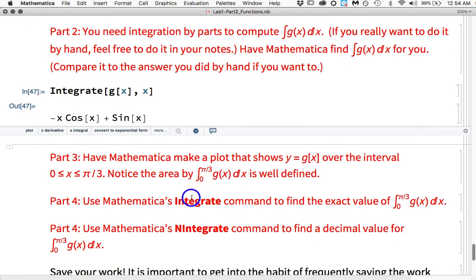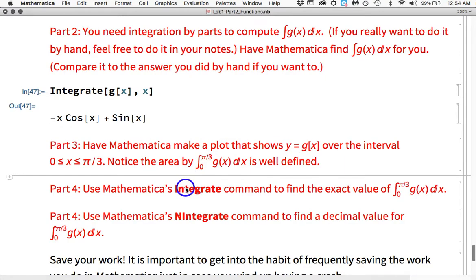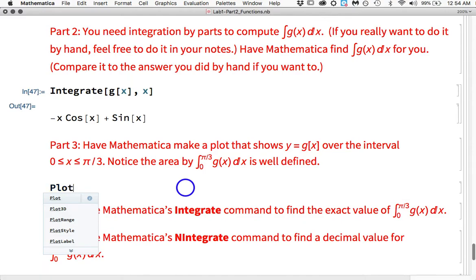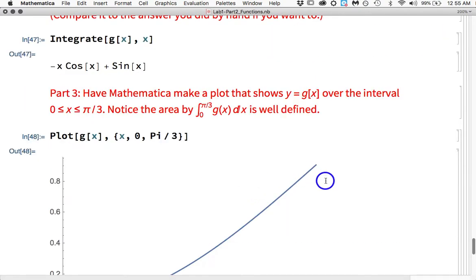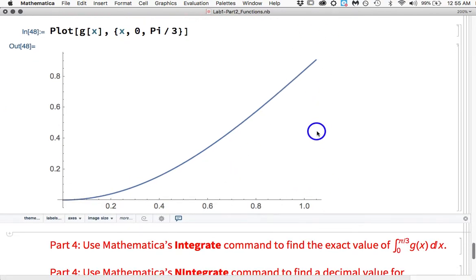Well, let's see. Let's have Mathematica make a plot that shows this guy over a particular interval. Now, I can actually do that without copying and pasting. I want to plot g of x, and I want to plot as x goes from 0 to pi over 3. And yeah, that's a nice chunk of area.